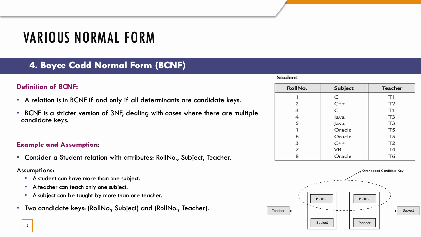It means that we can uniquely identify each record by using either roll number and subject or roll number and teacher. However, even though the table is in third normal form already, it still has anomalies because of the overlapping candidate keys.